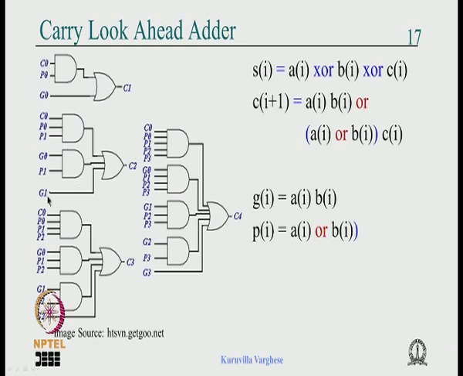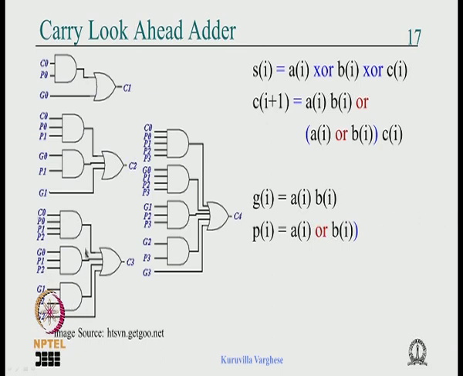Similarly at the next stage, C2 is A1 B1, that is G1, or A1 or B1 and G0, G0 being what is generated in the previous stage, which is the carry input to this stage. So it is A0 B0, or A1 or B1 and A0 or B0 and C0, and that is how it is propagated from the beginning.